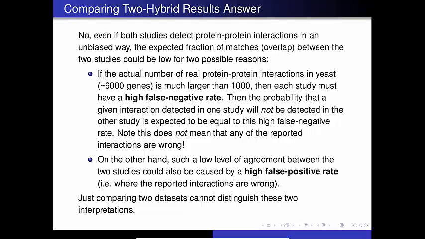So when we talk about the results in a particular study being accurate or not, we have both of these issues to consider, and they really collide in this question of, do we expect the two lists from two separate studies to match each other or not to a large degree?